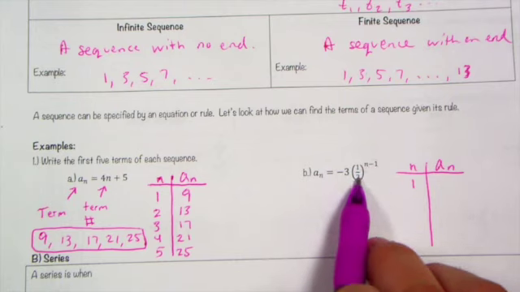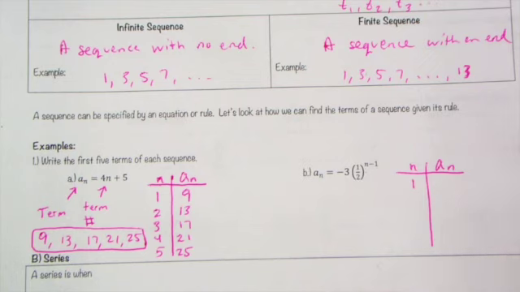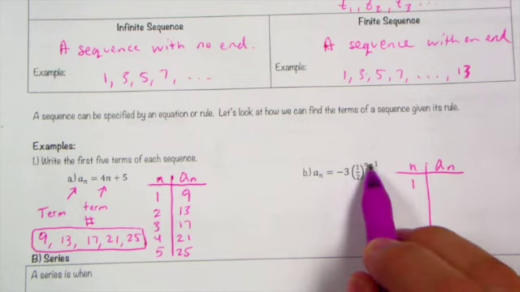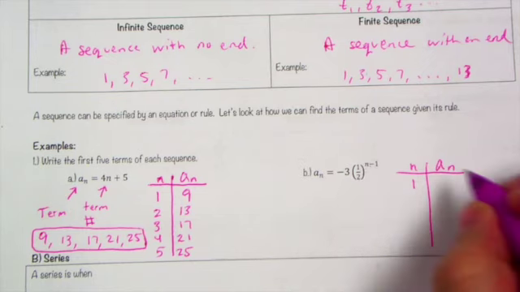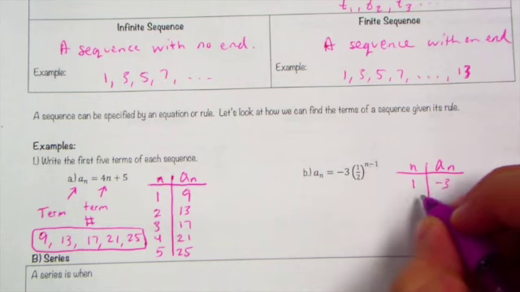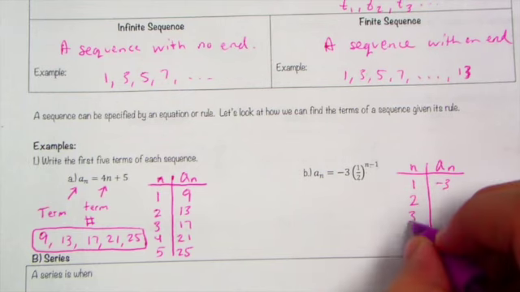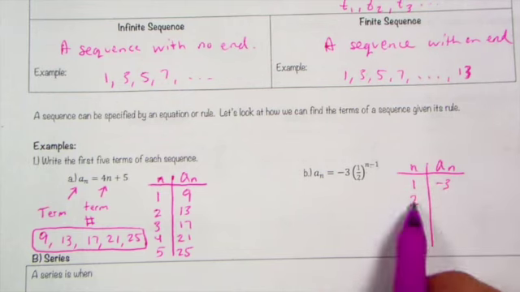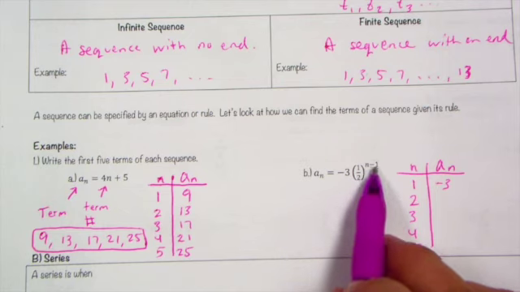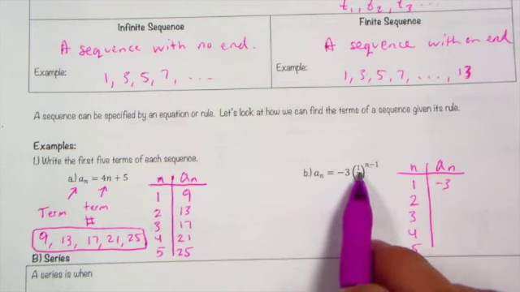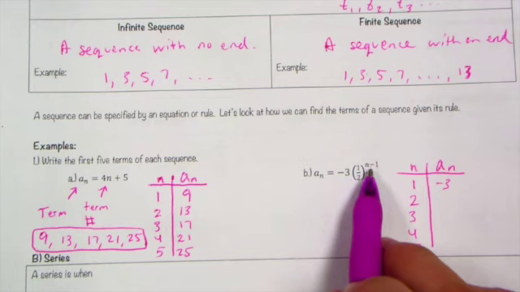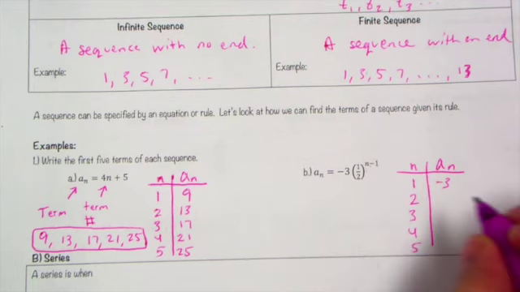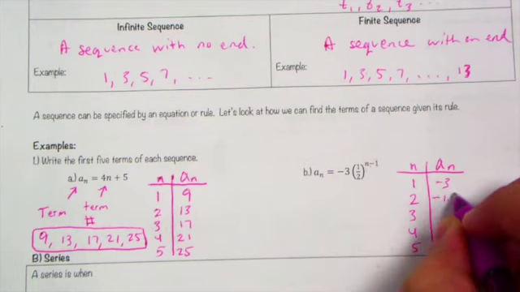So I have 1/2 to the 0 power, and if you know your power properties, anything to the 0 power is 1. So 1/2 to the 0 power is 1, times -3 is -3. For 2, we'll keep going: 2 minus 1 is 1. So 1/2 to the first power is 1/2, times -3 is -1.5.